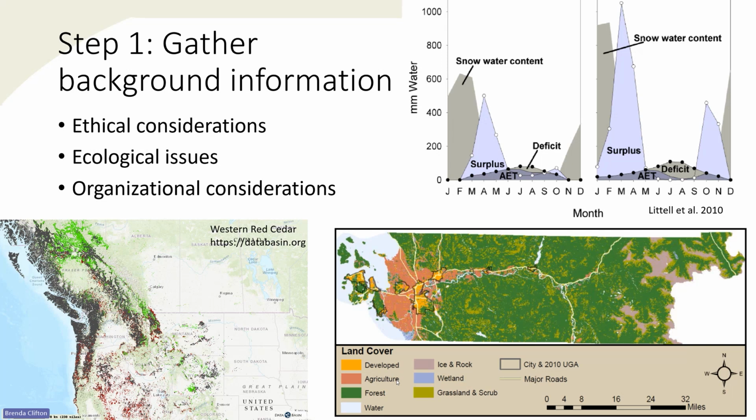But we should also see if we can find any information about the probability of assisted migration success for any of the keystone species in that ecosystem, like how well they're going to do if we move them, and also think of any negative impacts of relocated species on other species or ecosystem functions.